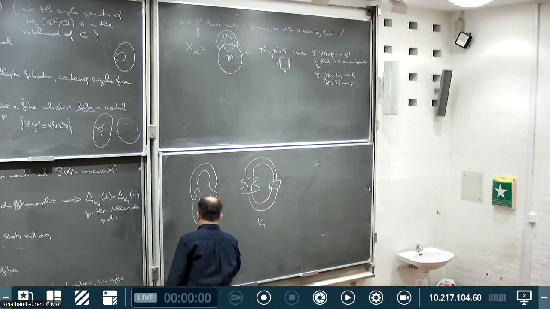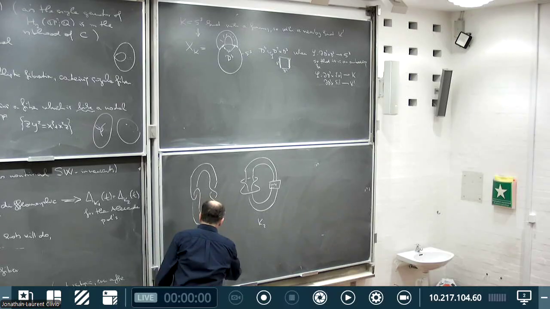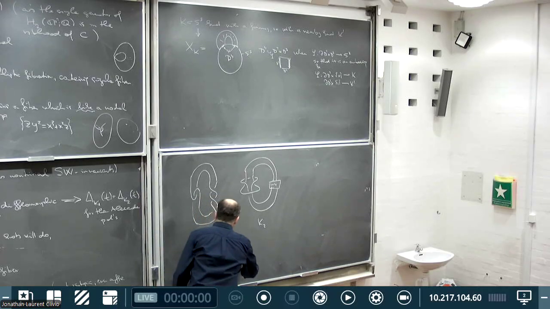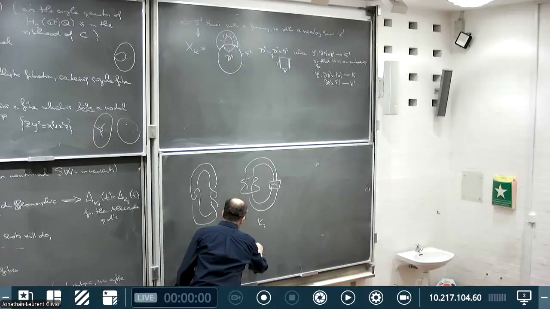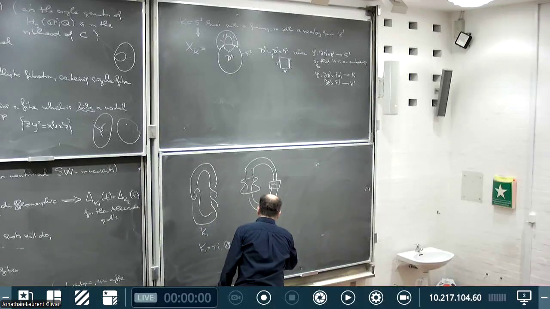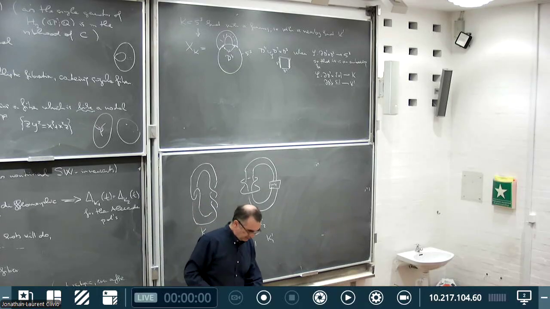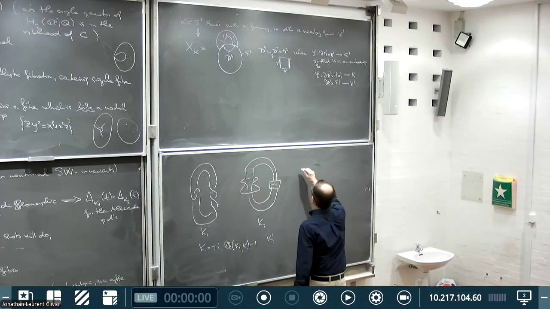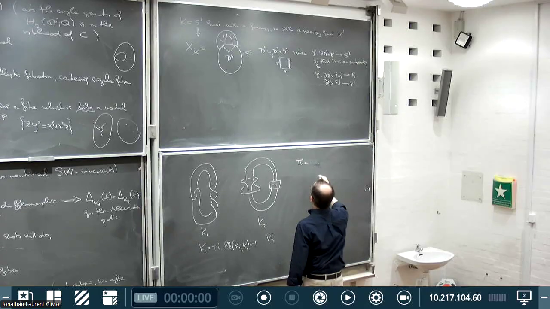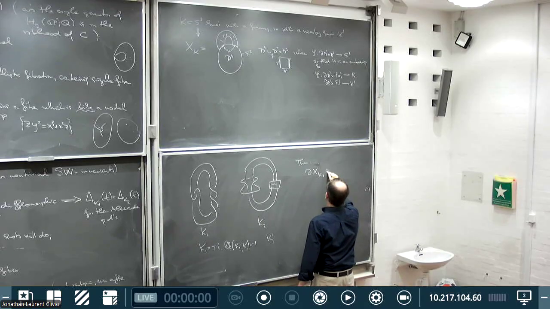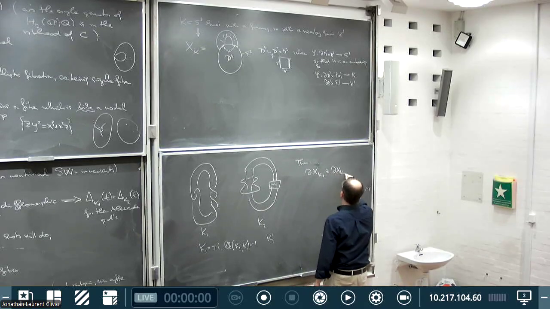And K1 prime is a nearby knot, so that the linking number of K1 and K1 prime is -1. And similarly, K2 prime has the same property, that they link exactly -1 times. Then the boundary of XK1 is diffeomorphic to the boundary of XK2.